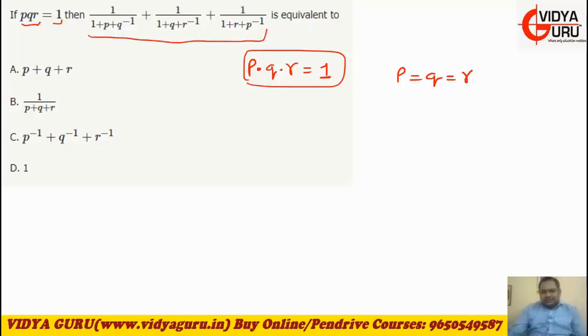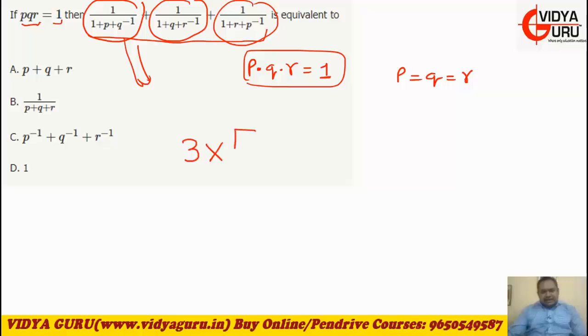So what we have been asked to find, this term is equal to this term is equal to this term. So basically we have been asked to find 3 times 1 divided by 1 plus P plus Q to the power minus 1 means what? 1 by Q. Now PQR is equal to 1. So you can say P is equal to Q is equal to R, and all three are equal to 1 for this to be valid.